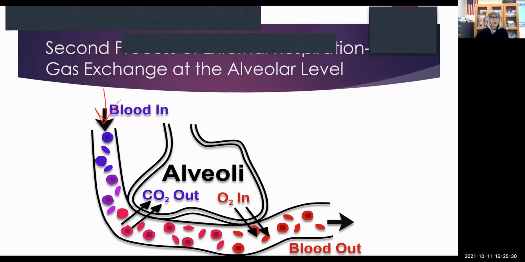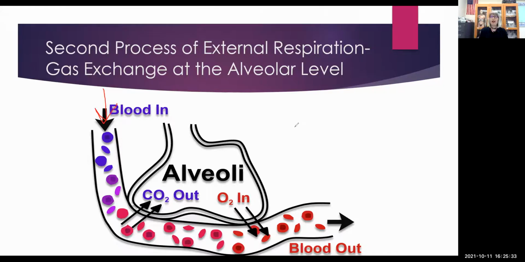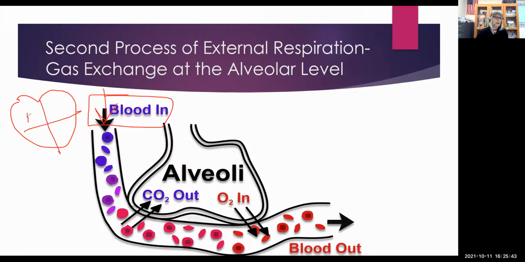So air flows in, as you remember, and brings in oxygen. But we also have to take into account the deoxygenated blood that is coming from the right side of the heart. If you remember the heart, you had the right atrium and the right ventricle, and you had that pulmonary trunk. And that pulmonary trunk led to the right and left pulmonary artery.